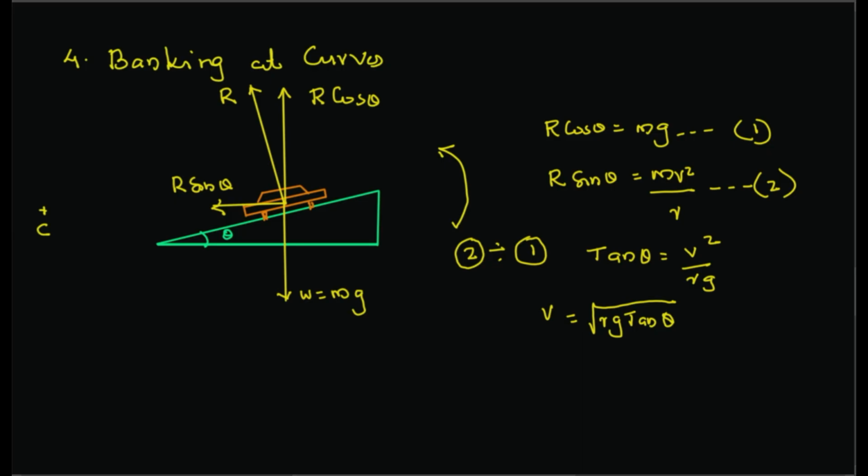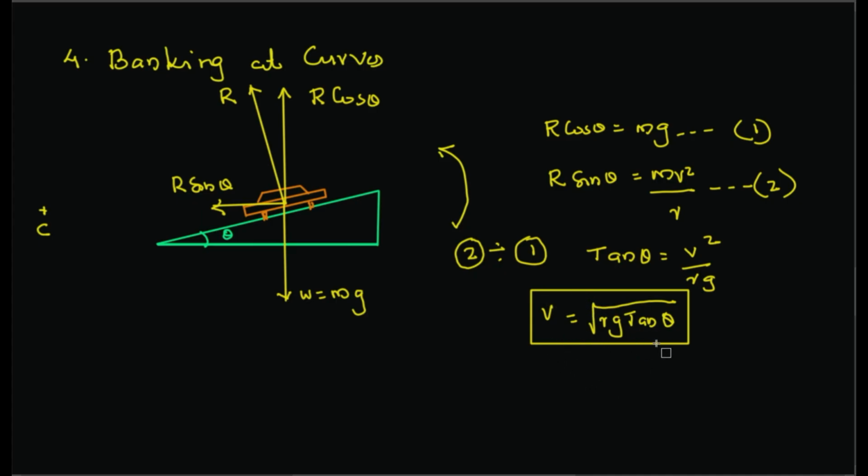What does it mean by optimal speed? We call it the optimum speed because even if v exceeds this value, the vehicle is still safe, because we haven't considered friction in this equation. The actual centripetal force will be slightly greater than R sine theta because there is still friction between the tires and the road, which has not been taken into consideration.